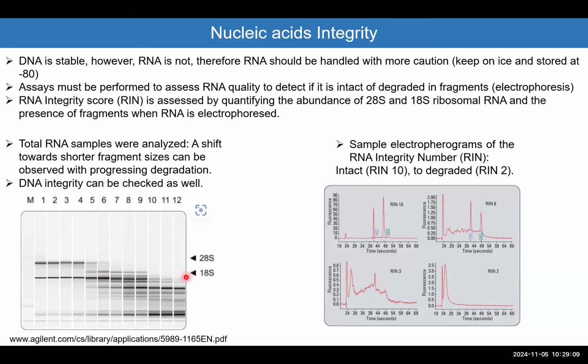And second, you can see the degradation of multiple bands showing up on the gel. So if you are doing a big experiment, you have to validate the RIN. And again, a higher RIN number, which is 10, the highest, compared to the lowest, which is 1, can tell you a lot about your RNA quality.